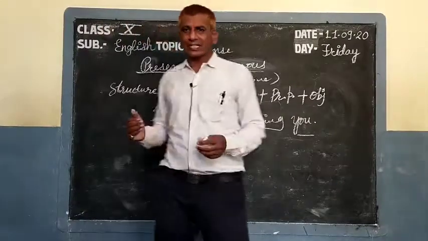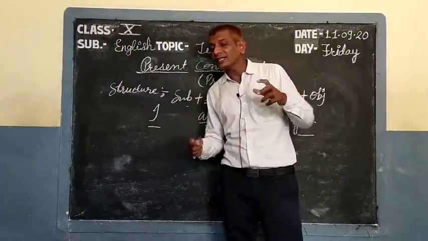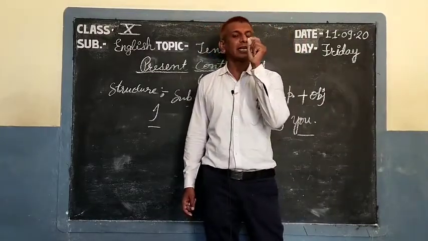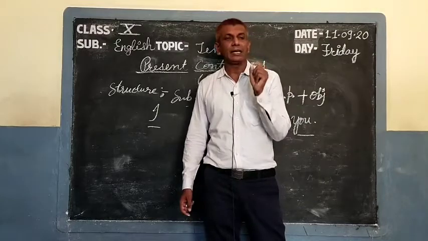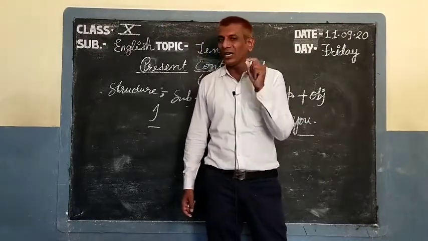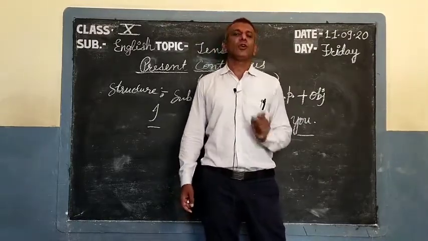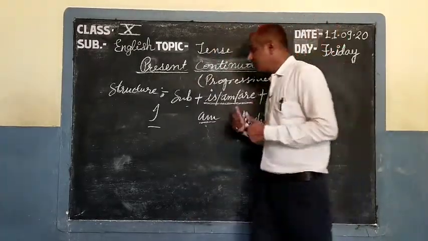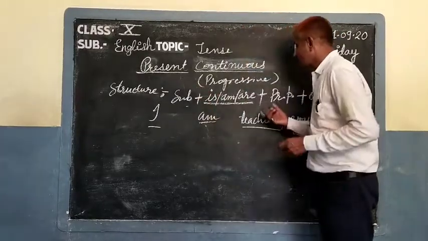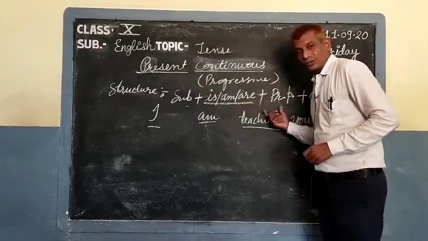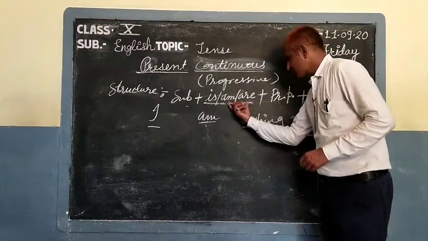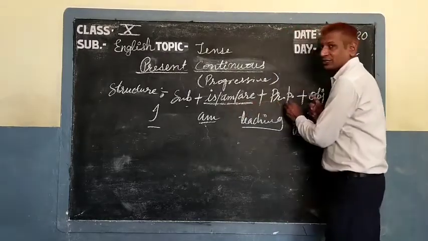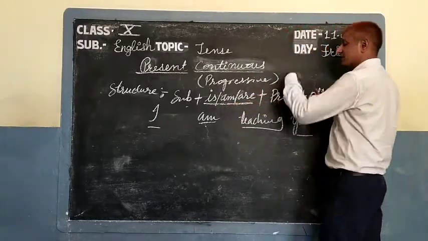Now in present indefinite tense, we used only one single verb, only finite, only is, am, are, only has, have, only do, does, only the nine verbs. But in these sentences we use two verbs, the first and the second: present progressive, present continuous, present participle.